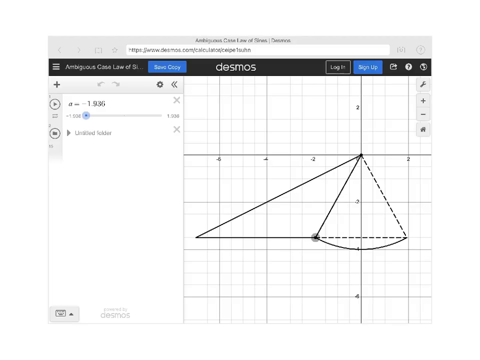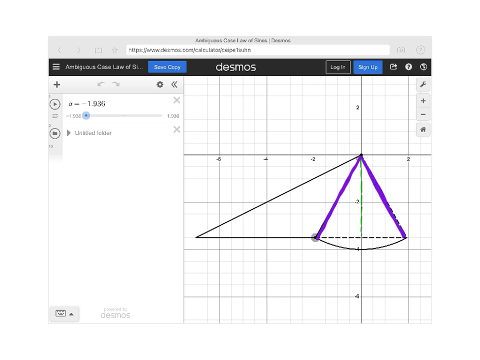All right, so this is a picture of the animation. It's not letting me use this to animate it, but this kind of shows what's happening with the ambiguous case when we have a value that's greater than the height. So if this here is our height, and this is our side A, notice that this can swing and create two possible triangles.